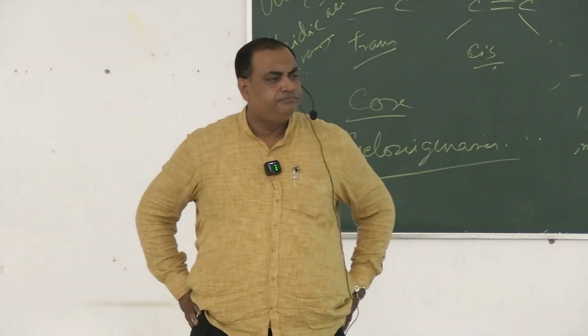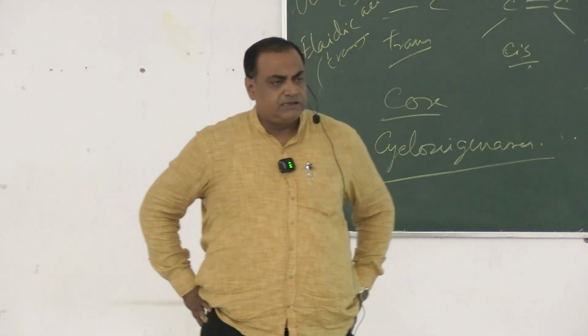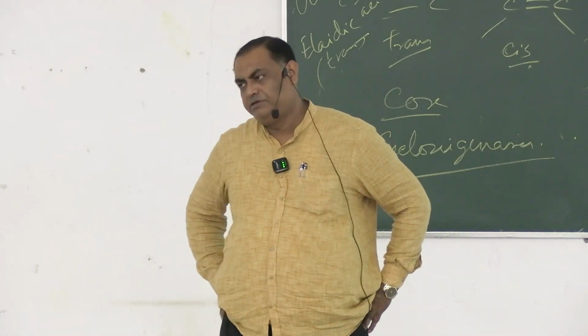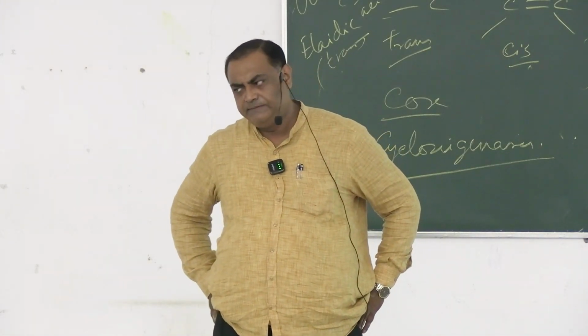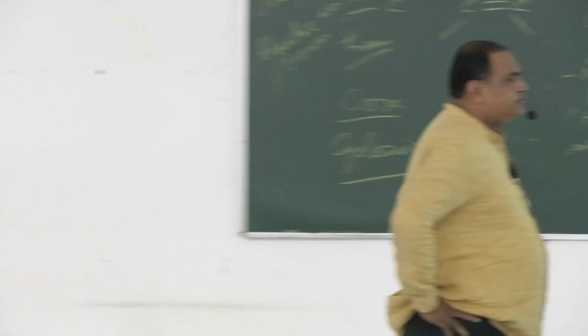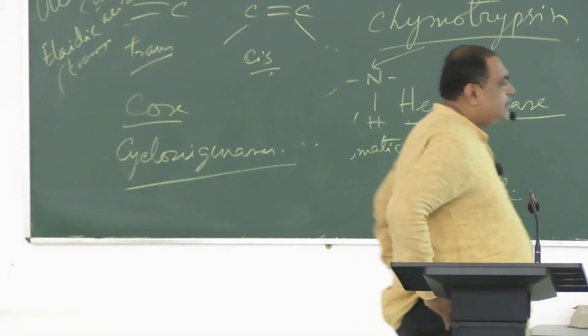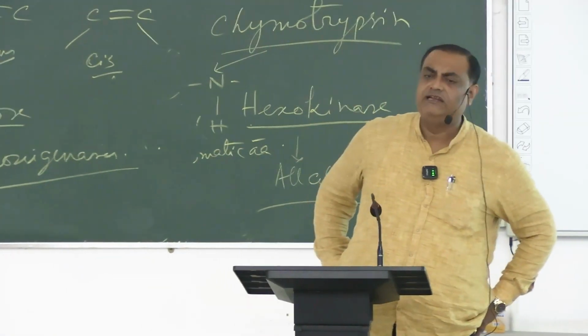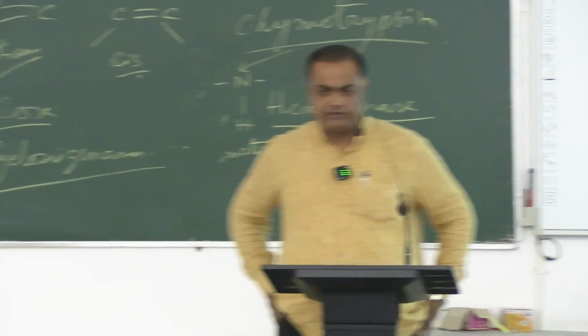Example, sodium chloride, where positively charged substances attract the oppositely charged substances, correct? And vice versa. So, if we find the enzyme and substrate are behaving in such a manner that one is positively charged, another is negatively charged. And what else?